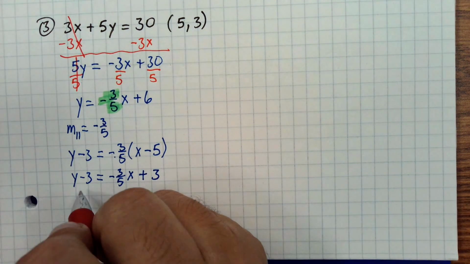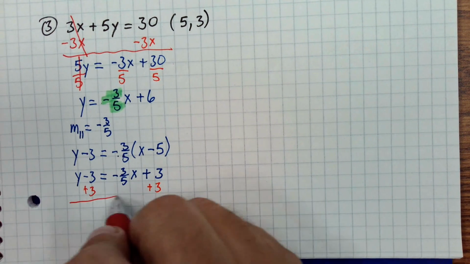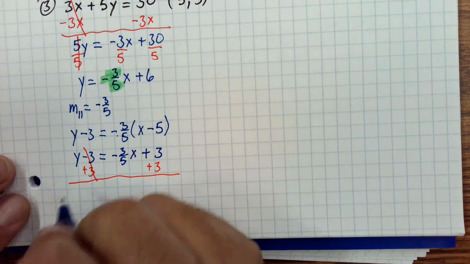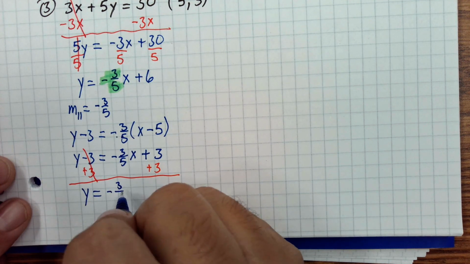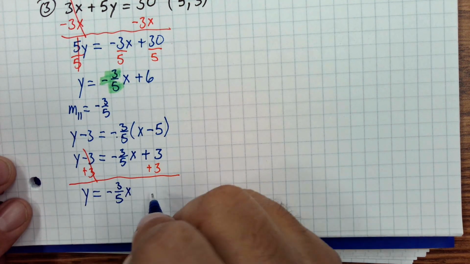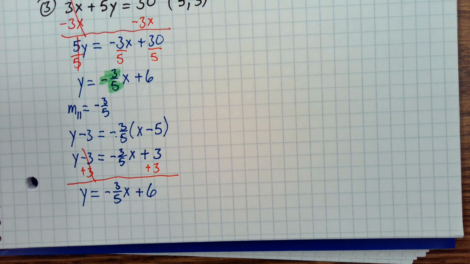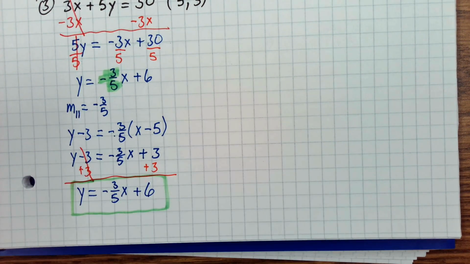And add this 3. And here is our final answer. y equals negative 3/5 x plus 6. Yeah, it's identical. What are the chances?